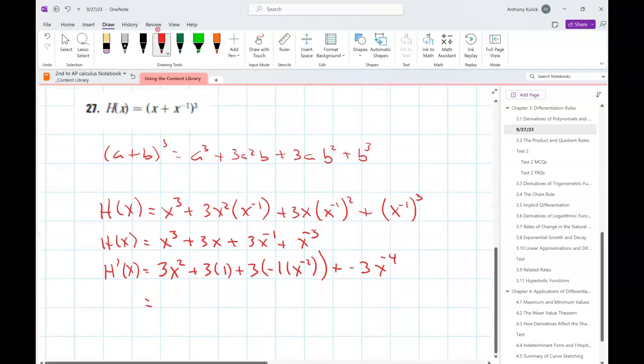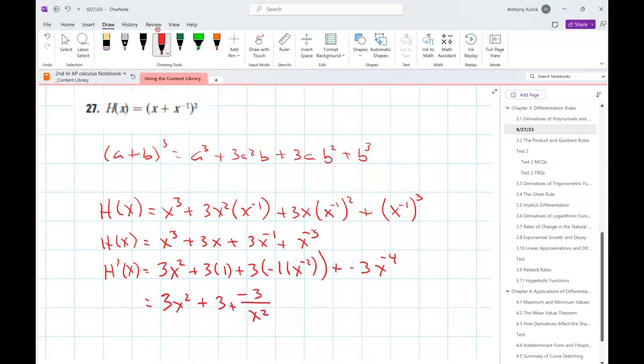And probably the way the answer in the back of the book would look is we would rewrite this with no negative exponents. So it'd look like that in a multiple choice setting or in the back of the book.